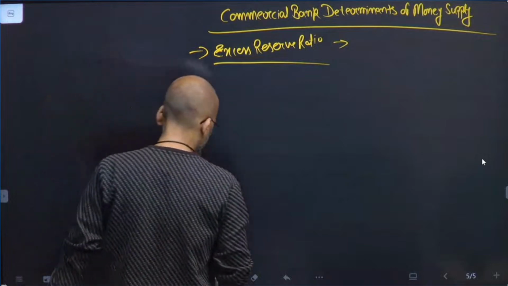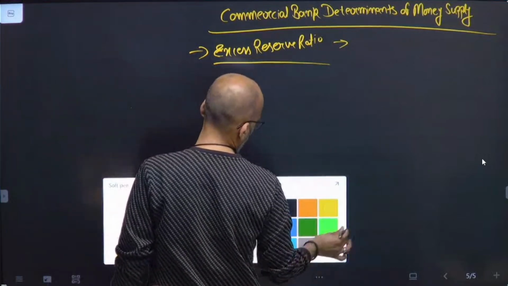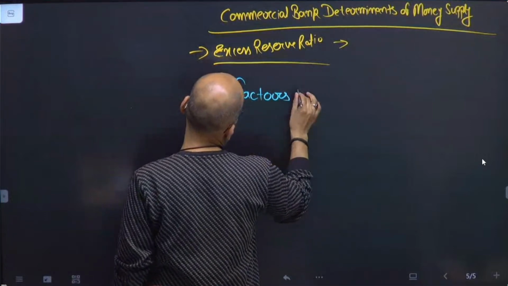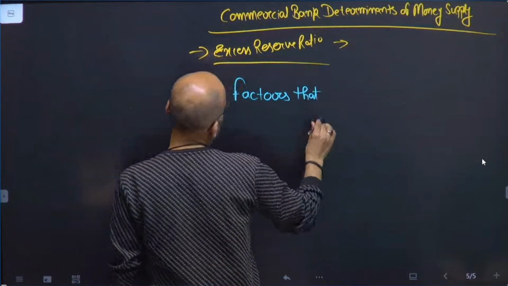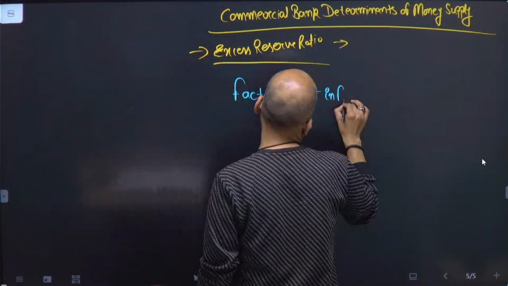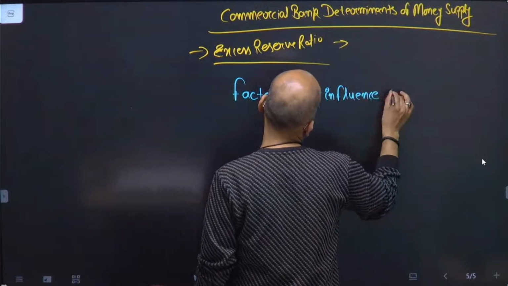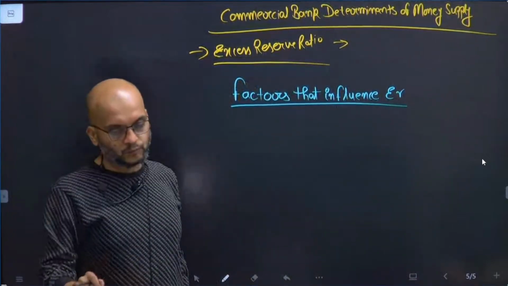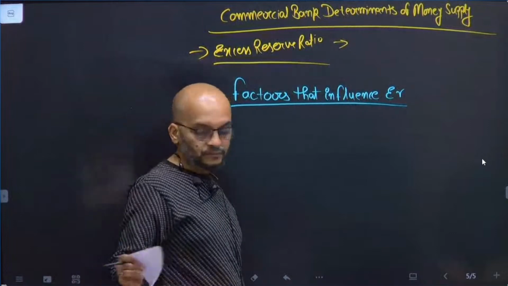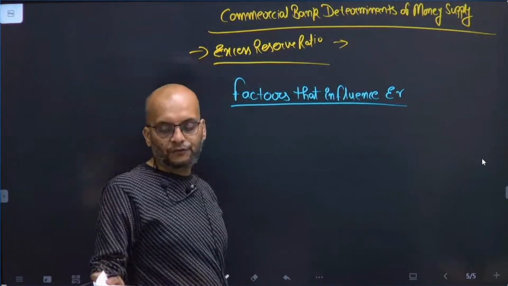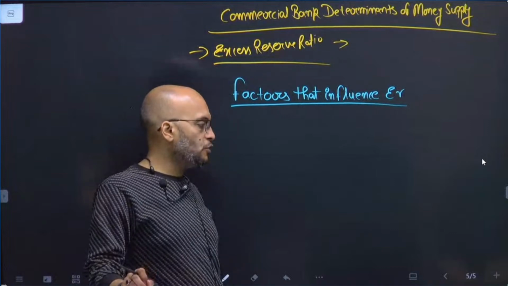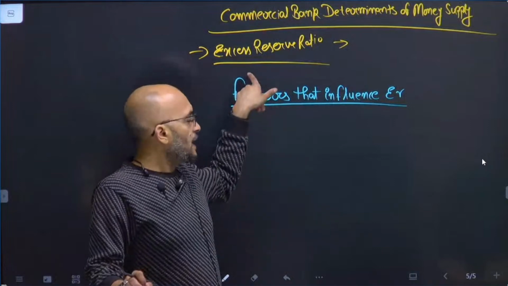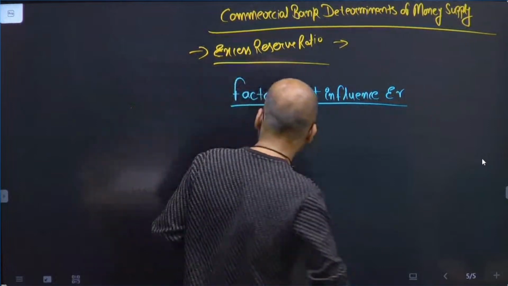Now write down, factors that influence excess reserve ratio. Guys, I told you that excess reserve ratio has got indirect relation with money supply.